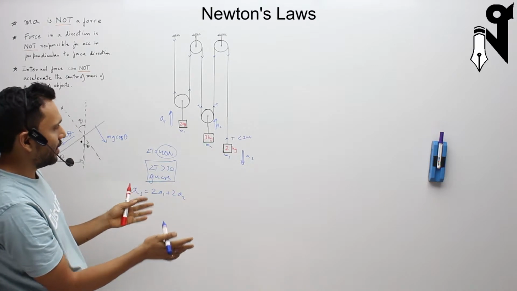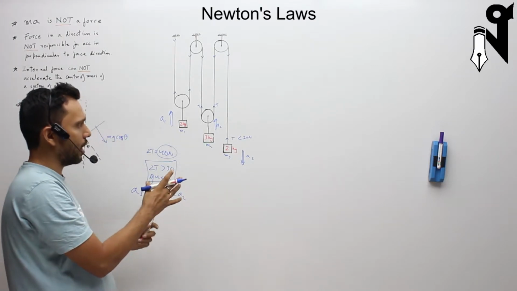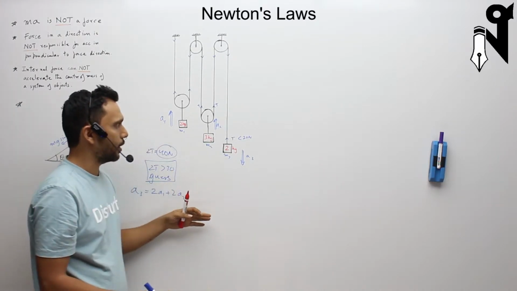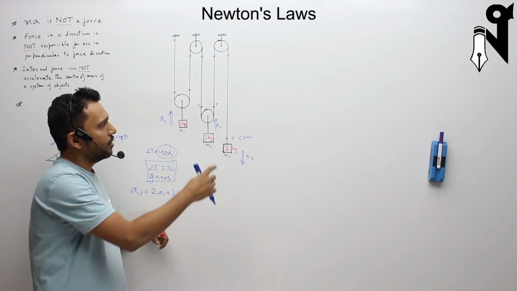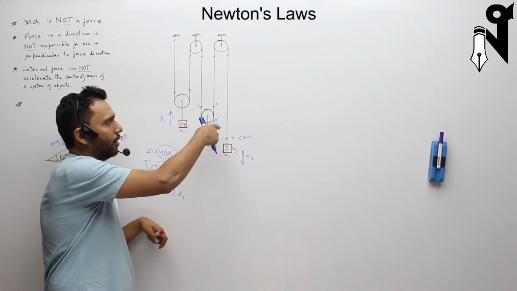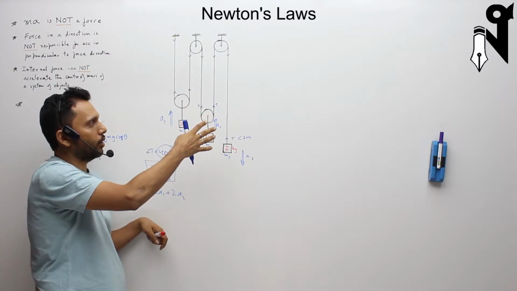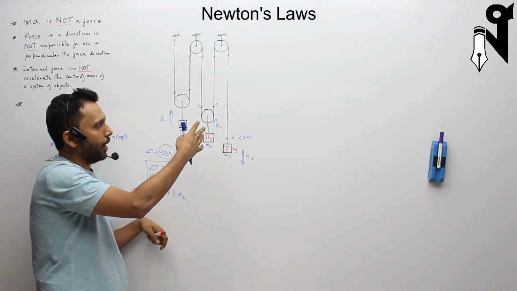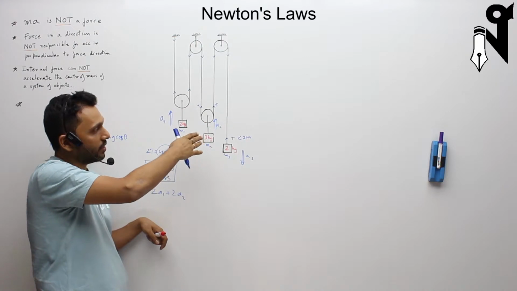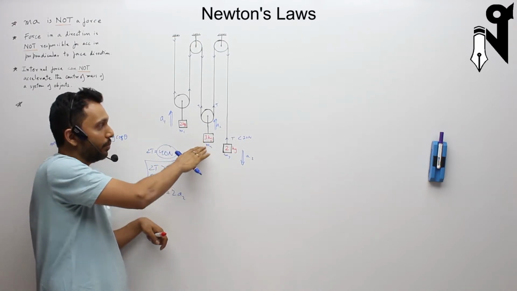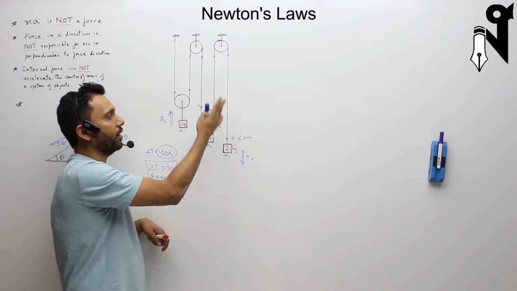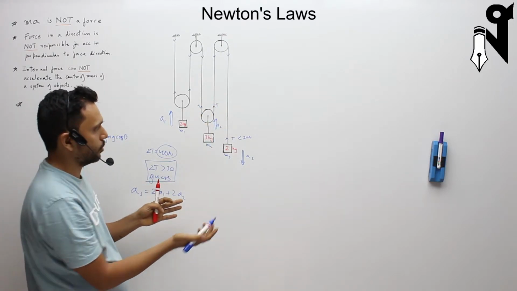Now let us make the equations and see whether our analysis was correct or not, and whether our thinking here that the 2T is going to become less than 40, and it might become lesser than 30 also, and this body may go down if the movement is too fast, meaning if the acceleration is too much.